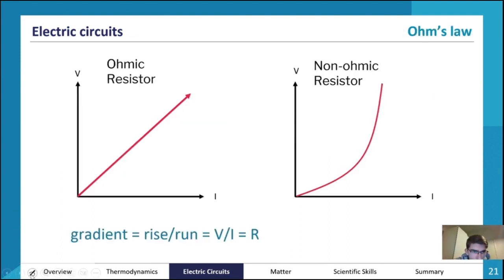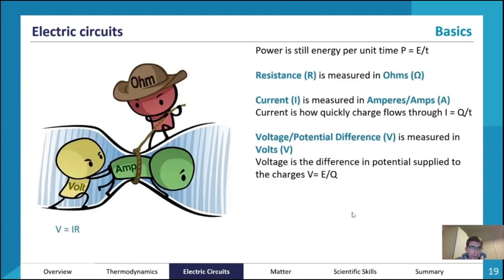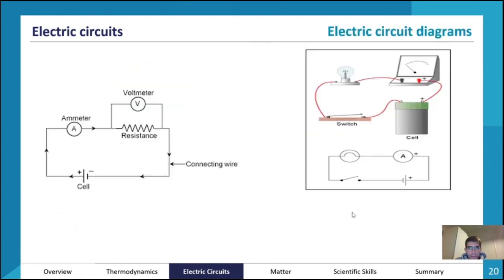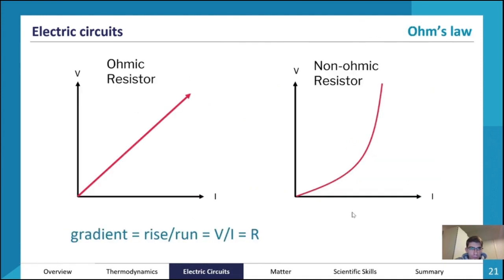The two main equations that you need to understand, because as I said before, we have V equals IR. And we also have, what else do we have?